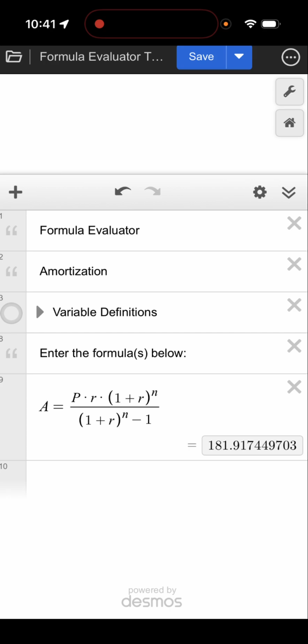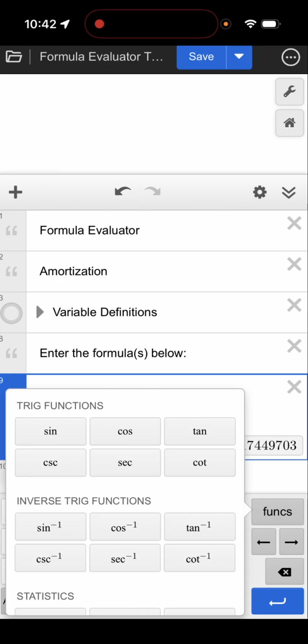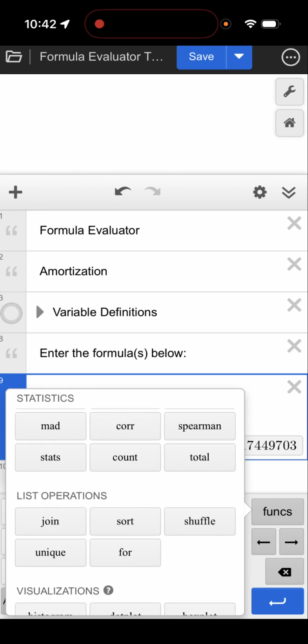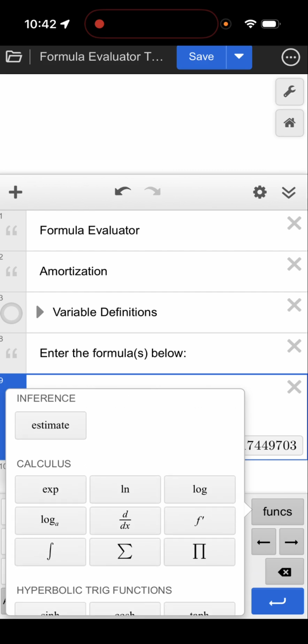Now, this payment is in dollars and cents. So one thing I would recommend is if you know you're going to do dollars and cents, go back into your formula and just stick a round function around your formula. You can either type the word round or go to funcs and scroll through and find round in here. It's down here towards the bottom.